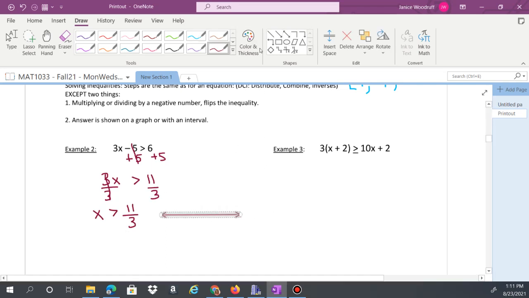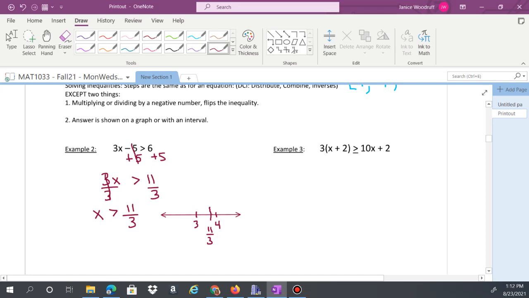Here's my number line. 11 over 3 is roughly, what is that, almost 4. 3 and 2/3. So here's 3. Here's 4. It doesn't really have to be precise, but you are going to want to type it in when you do it in MyMathLab, so then it'll type it on the graph for you, but it's roughly right here.